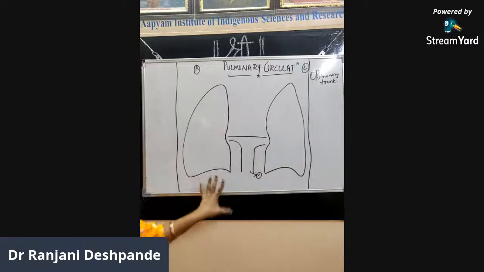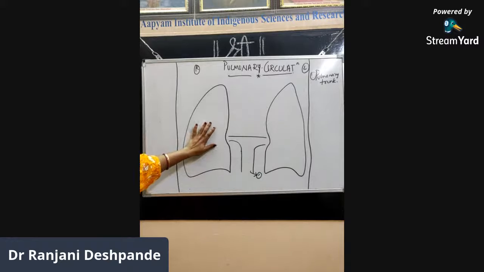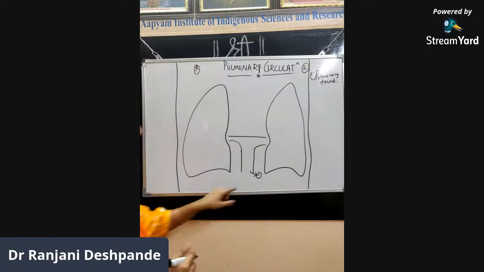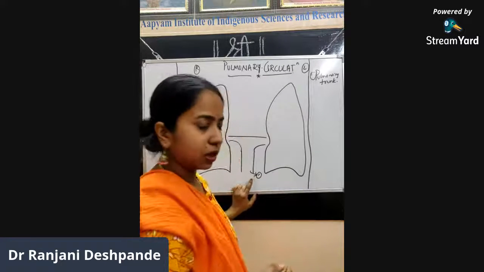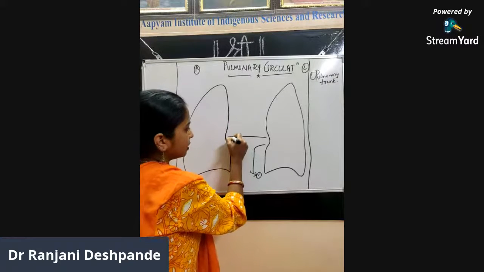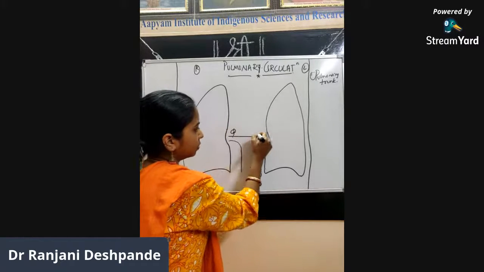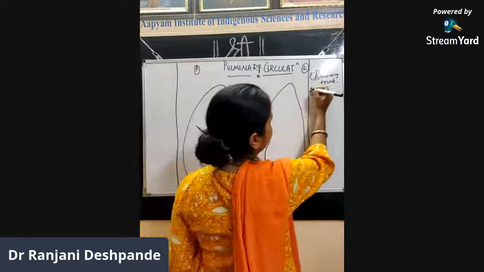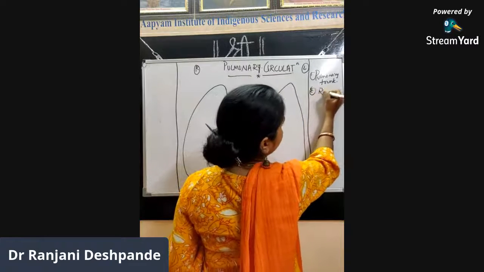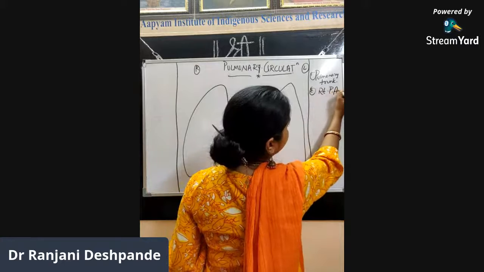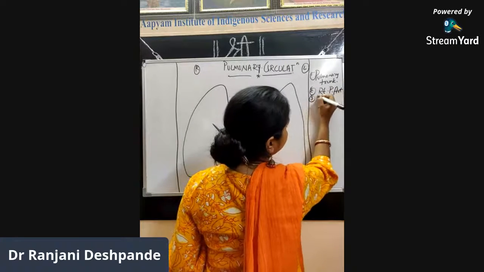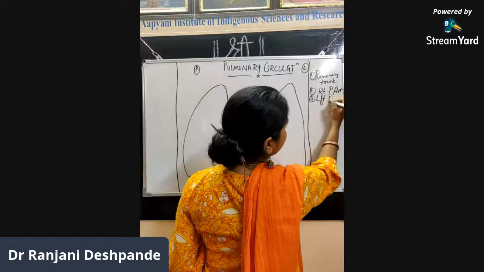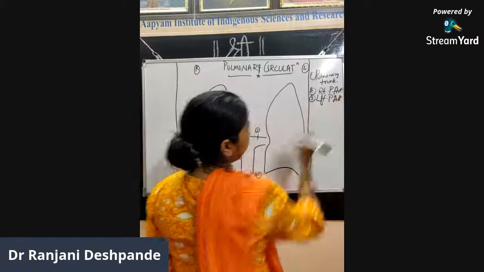We have excluded the other parts of the anatomy so that we can draw it more clearly. Okay. So this is the main trunk, the main pulmonary trunk. Then this is 2 and this is 3. So 2 is the right pulmonary artery and 3 is the left pulmonary artery.